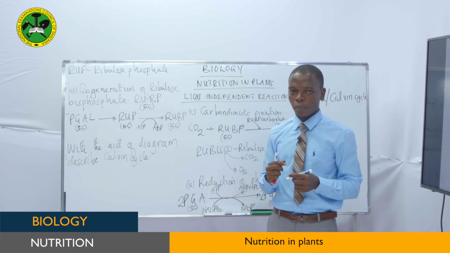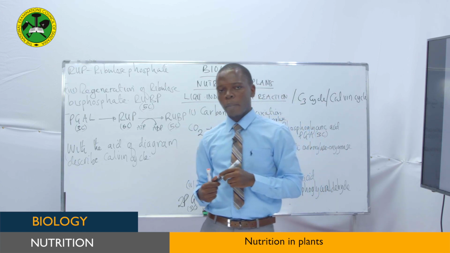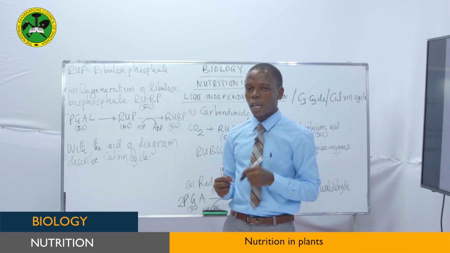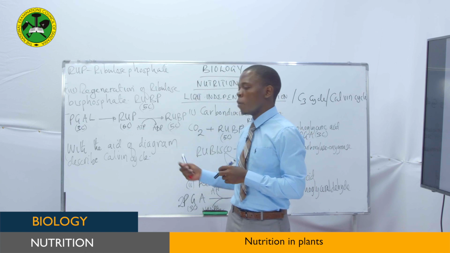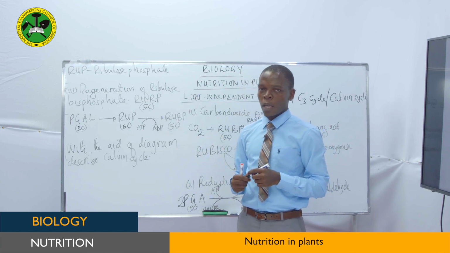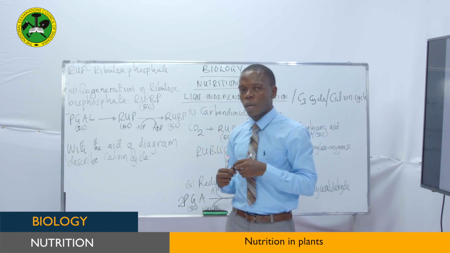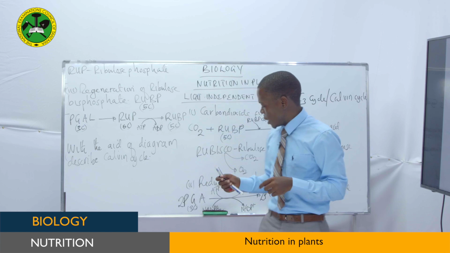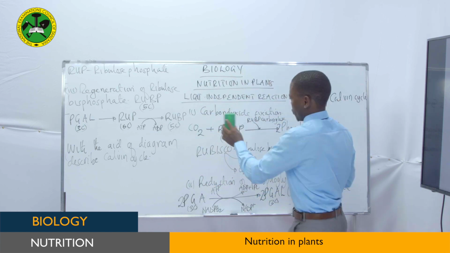stage number 3. Okay, for this Calvin cycle to occur, the cycle must run 6 times, because each turn of the cycle gives 1 carbon dioxide to form a phosphoglyceric acid. Therefore, for this cycle to occur, it must run 6 times. Okay, let's see diagrammatically how this Calvin cycle proceeds.